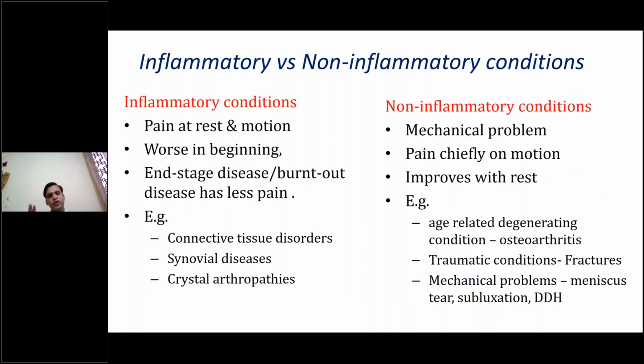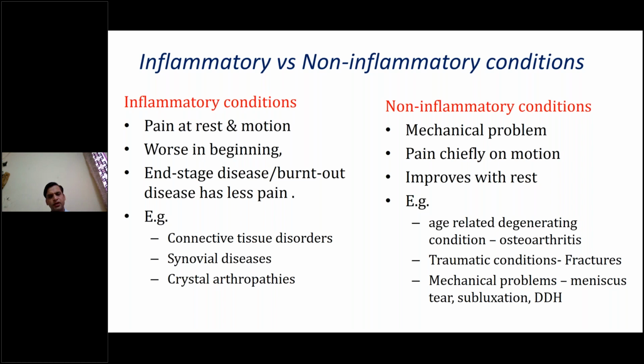Basically, we categorize joint conditions into two broad categories: inflammatory condition and non-inflammatory condition. Inflammatory condition is something associated with inflammation, and clinically it can be differentiated from others in that the patient will have pain at rest, and pain during motion, and it will be worse to start with, and with gradual use of that limb the pain will decrease, except in cases of say septic arthritis.